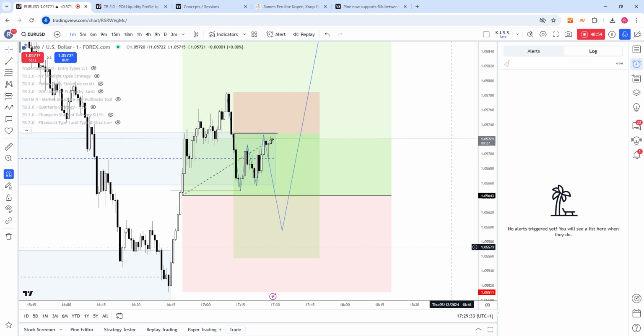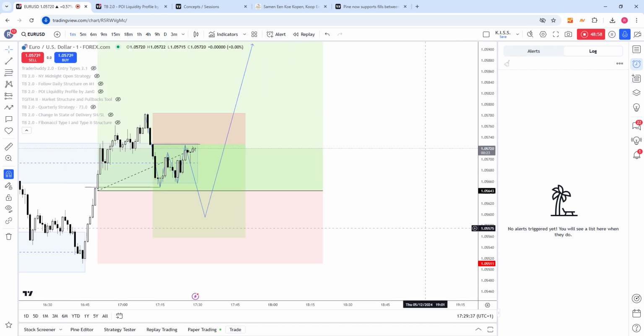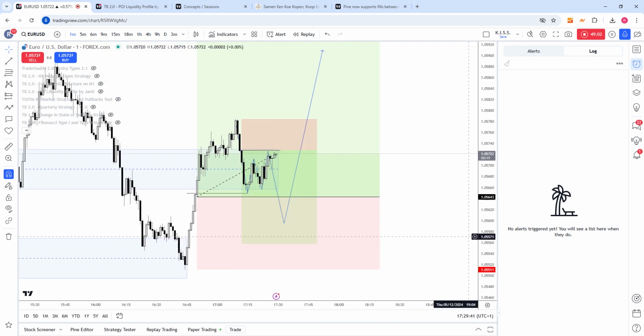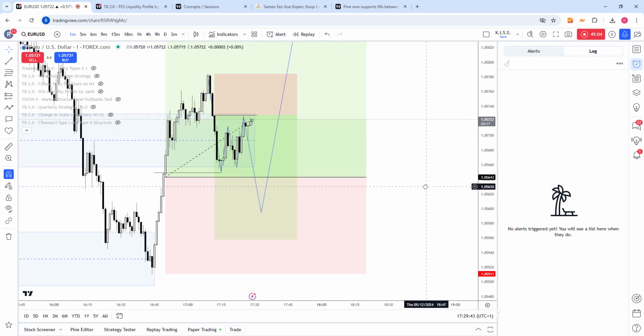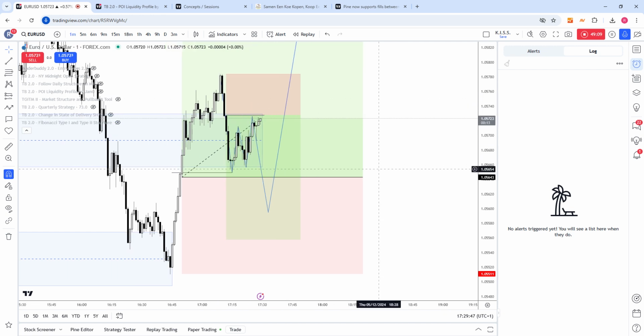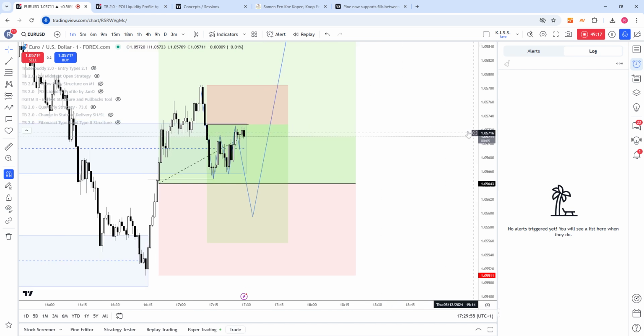Since we've been waiting so long now, let's just assume they're going for more liquidity down here. But then I want a fast move inside there and then immediately down again. And then I will wait for a candle close below the previous candle low.